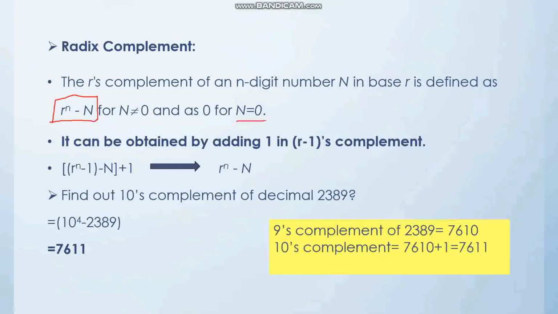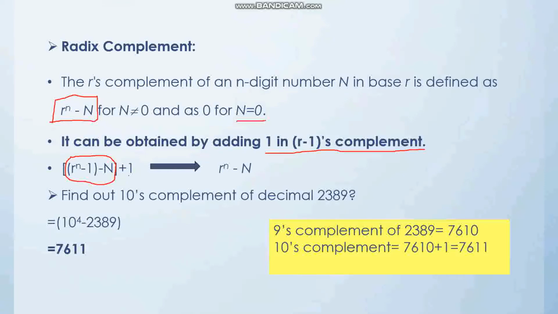If N equals 0 then the r's complement is simply 0. If it is not 0, then we apply the formula r raised to the power n minus N. It can be obtained by adding 1 to the r minus 1's complement. What was the formula for r minus 1's complement? R raised to the power n minus 1, then minus N.